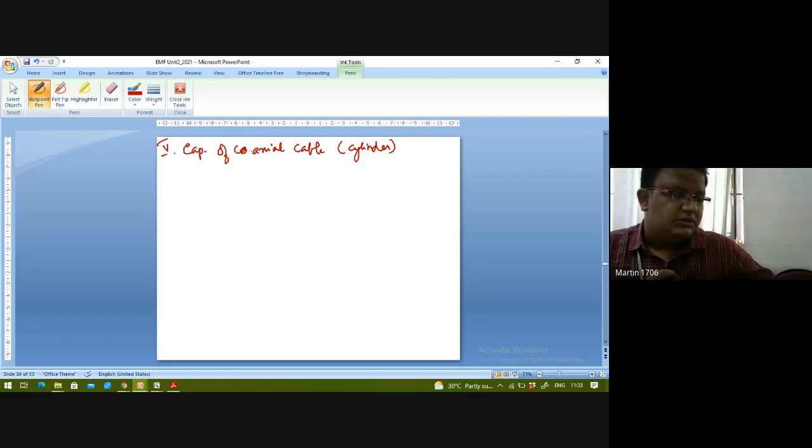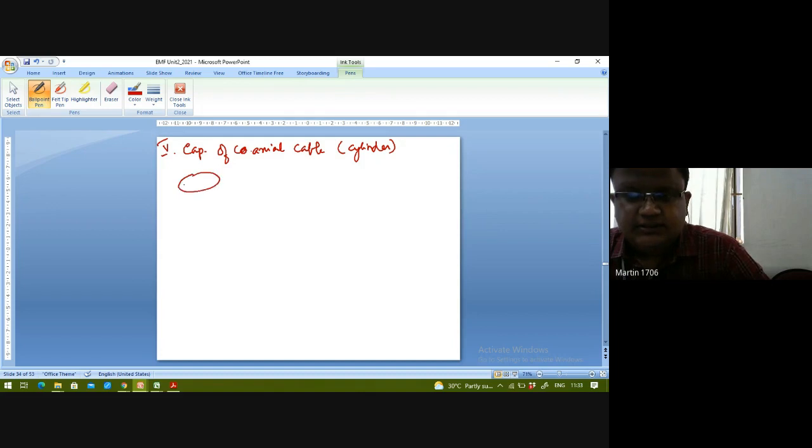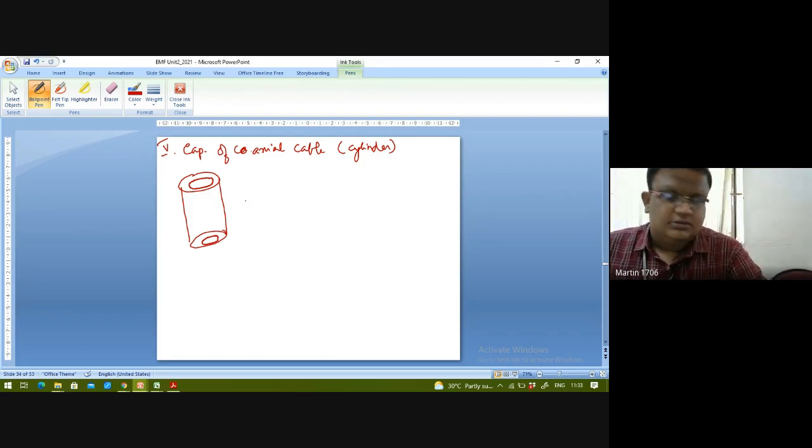Please imagine how the cylindrical shape will come. Everyone knows a cylinder will be like this, but it has some thickness. Mostly in your home also, the thickness of the wire may come like this. So in this, what is the capacitance effect? The formula will be like this.